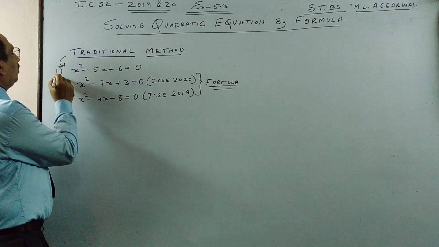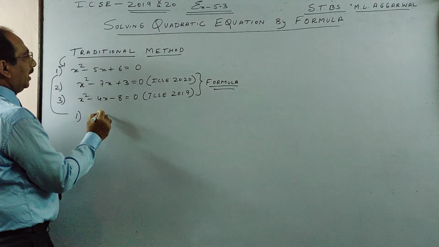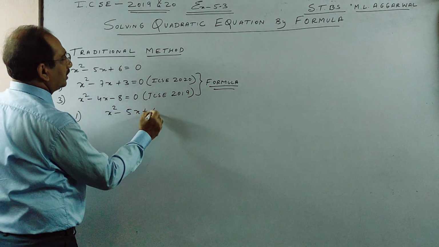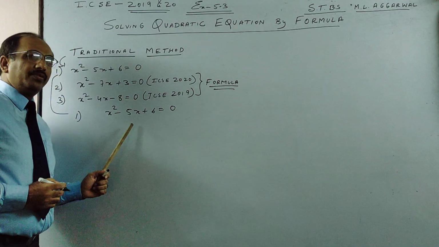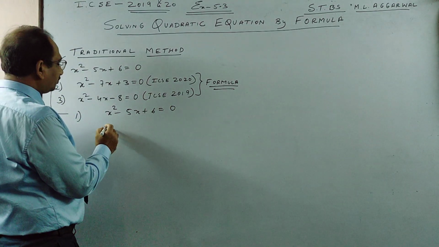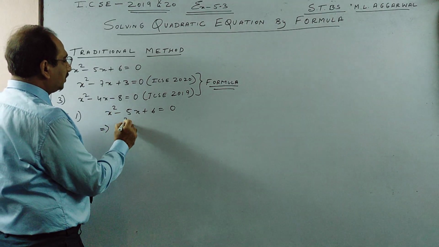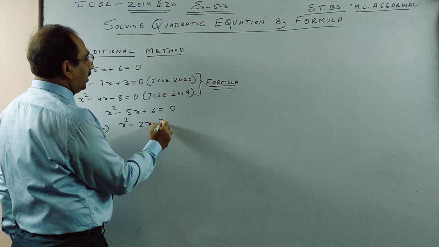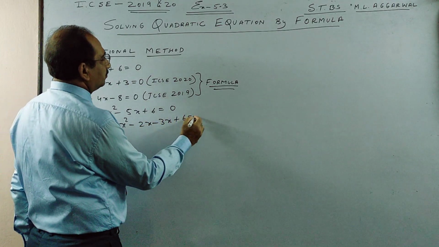In one, x square minus 5x plus 6 is 0. So we try to factorize it. We break minus 5x into minus 2x and minus 3x.